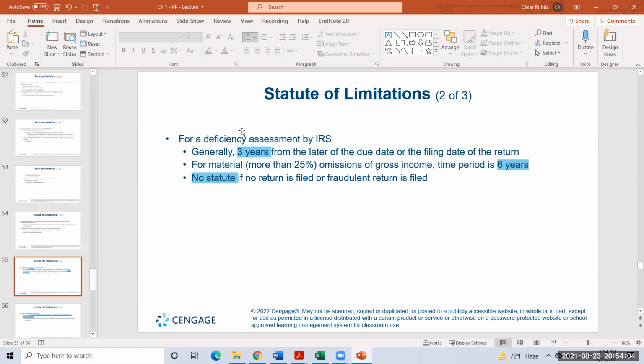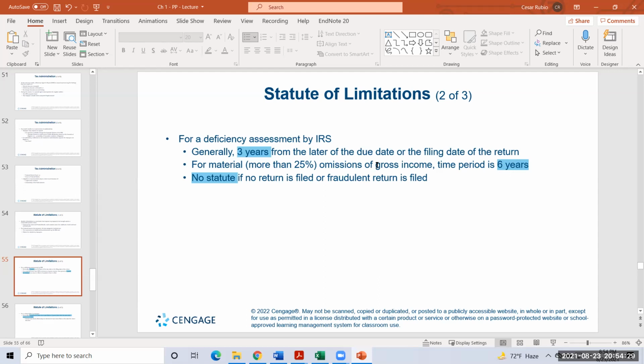If the IRS finds out that you omitted more than 25% of the gross income, in other words, you lied about the income, they could technically extend the statute of limitations from 3 years to 6 years.